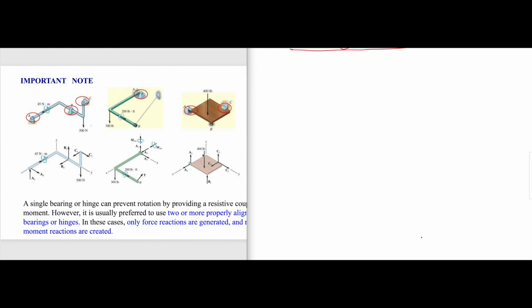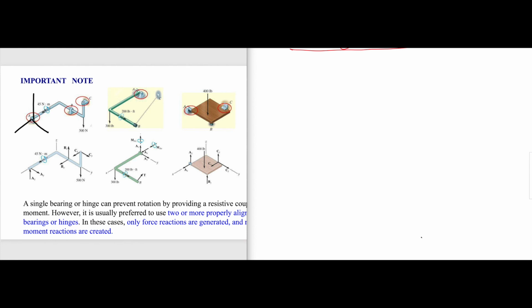One important note before we proceed further is when you have journal bearings or when you have hinges, look at the journal bearing. How do you represent a journal bearing? This is the x-axis, this is the y-axis, that is the z-axis.